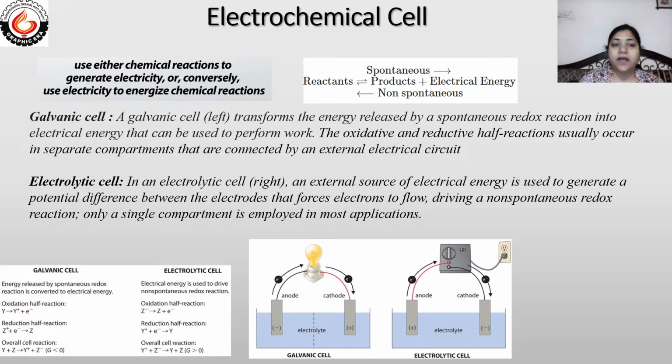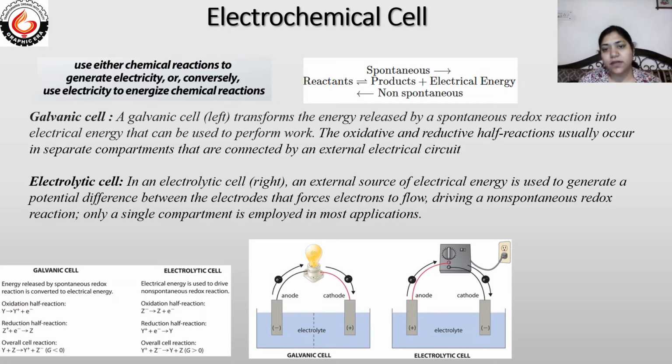So the galvanic cell transforms the energy released by a spontaneous redox reaction into electrical energy that can be used for work. The oxidative and reductive half reactions usually occur in separate compartments that are connected by an external circuit. But in an electrolytic cell, an external source of electrical energy is used to generate a potential difference between the electrodes that forces electrons to flow.